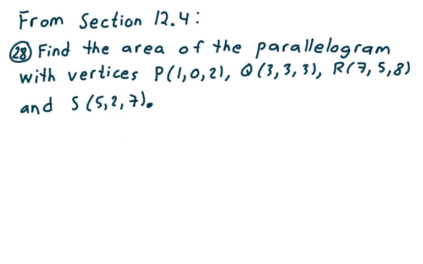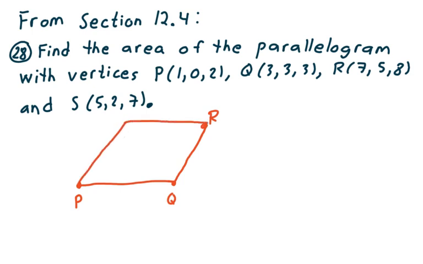All right, let's draw a picture of a parallelogram. So here's P, here's Q, right? And I'm going to connect P to Q. Here's R. And this point here we'll call S. Okay.